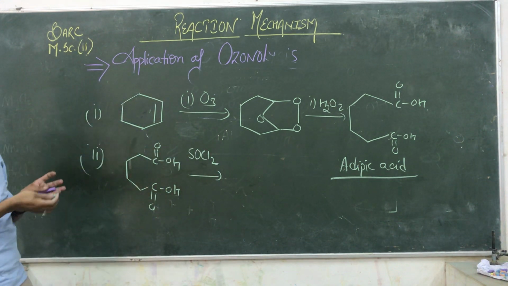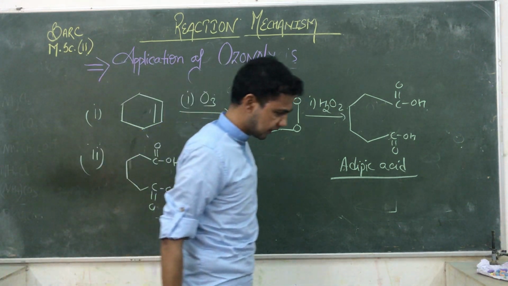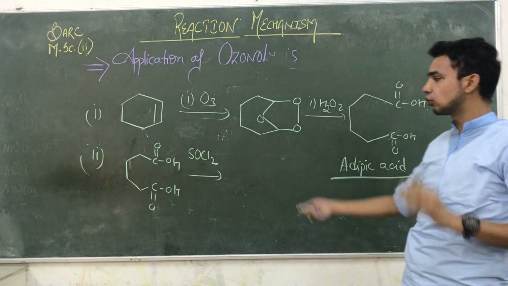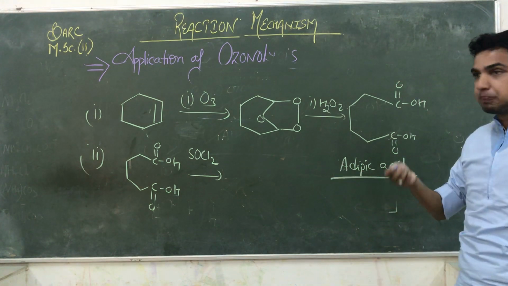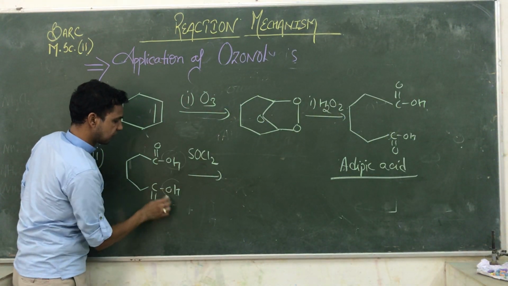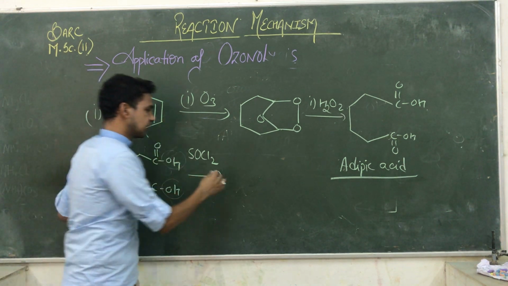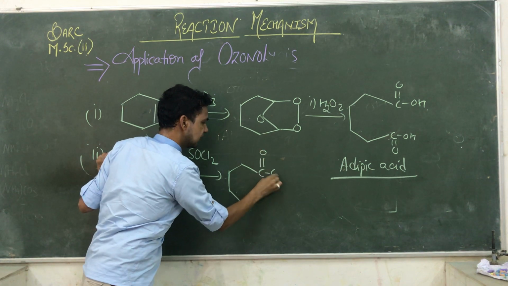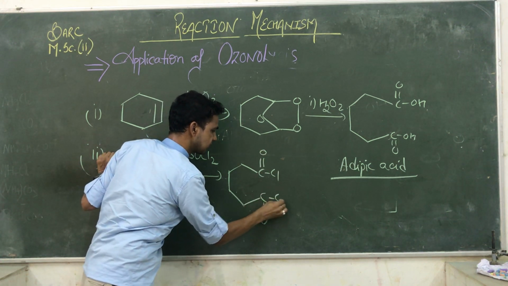If you are talking about alkyl halides, if you want to convert any alcoholic compound into an alkyl halide, we always use thionyl chloride, okay, and PCl5, PCl3. So what happens here? The OH group is converted into Cl, giving this compound, that is COCl, COCl.